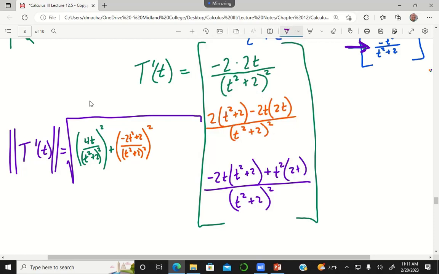And then, for my last component, I've got negative 2t cubed plus 2t cubed, so the t cubes cancel, and so this is just negative 4, but the negative doesn't matter, so I can write plus 4 over t squared plus 2 squared. And then, of course, remember to square the whole thing. And that big nasty expression, that is the norm. So that's going to be the numerator of my curvature formula.